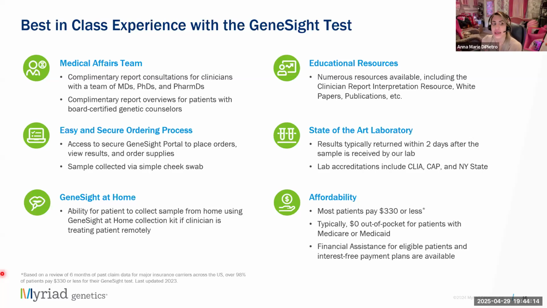I use GeneSight in all of my new intakes, which I know is not the way everyone practices. I always go back to when the original guided trial came out for GeneSight, there was this slide, and I'll have to find it and bring it up, probably frame it on my wall someday.